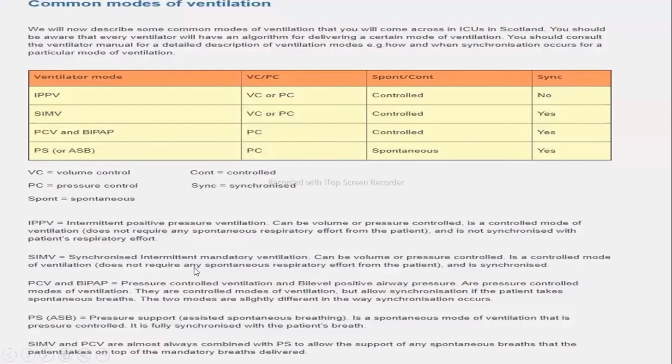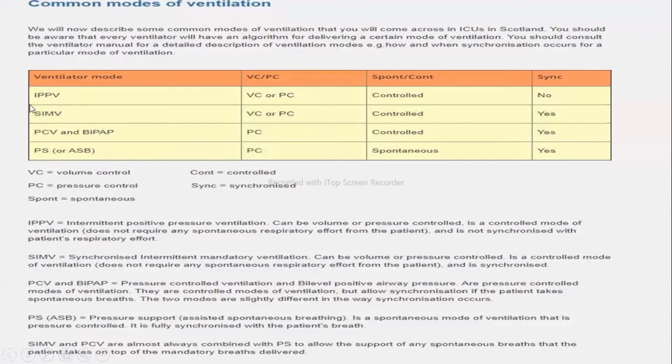Okay. So you have to be familiar with the modes: IPPV, SIMV, BIPAP, CPAP, PS, or ASB. Here, the most important thing is to understand which one is volume controlled or pressure controlled. Also, the advantage.